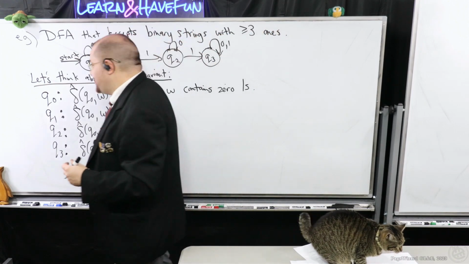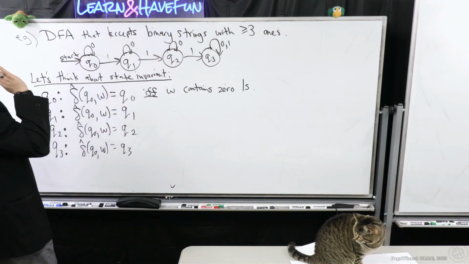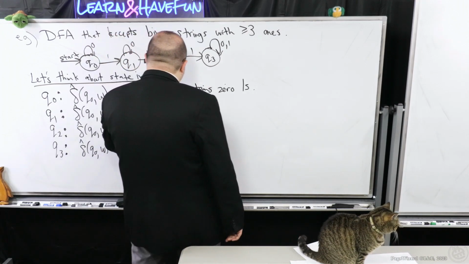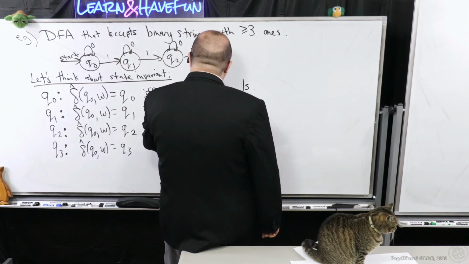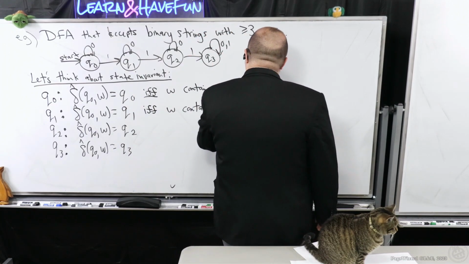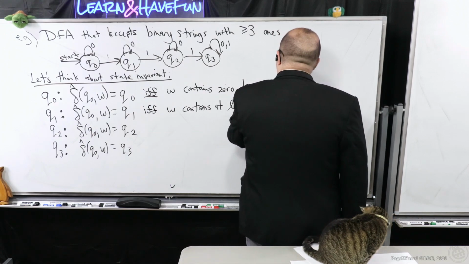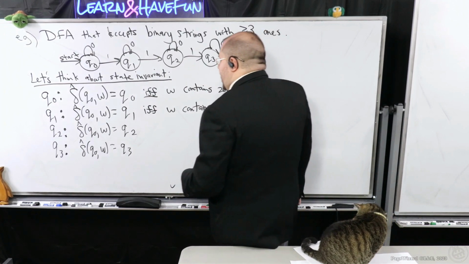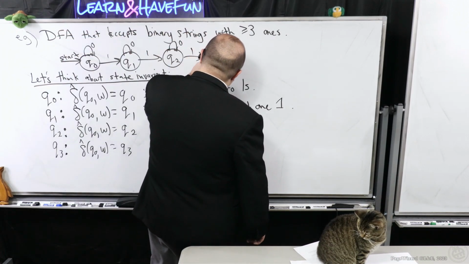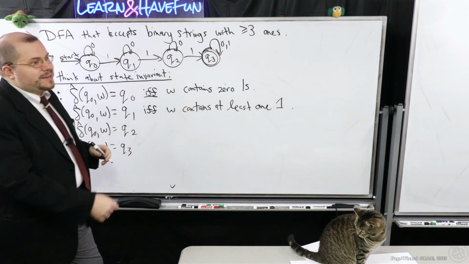I don't know. But the point I'm getting at is that if you were to write something like this, if and only if W contains at least one, and we know that Q3 is going to be, oh, I forgot our accepting state. It's right here, right? We accept at least 3 ones.